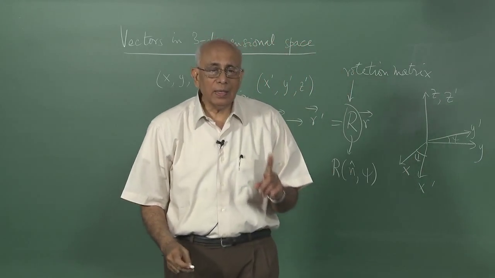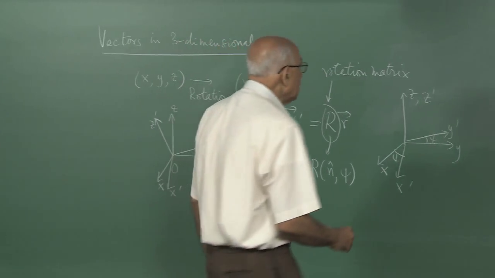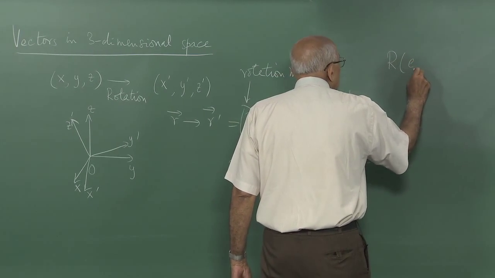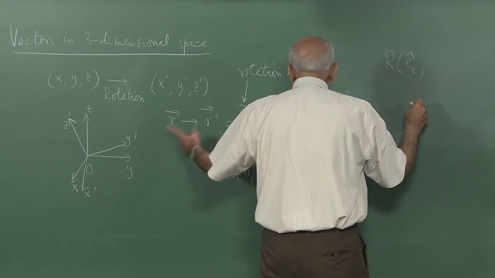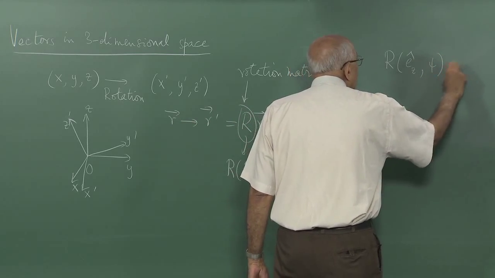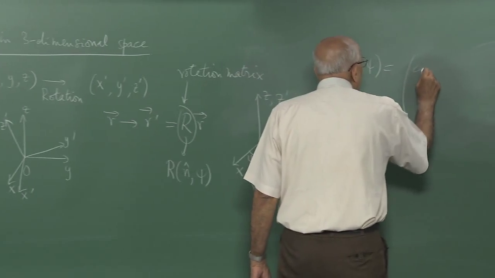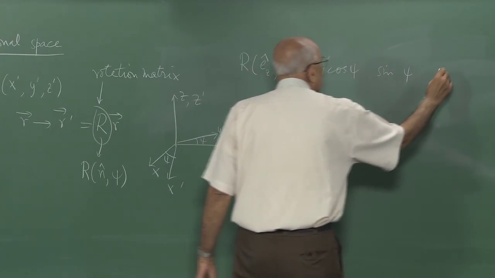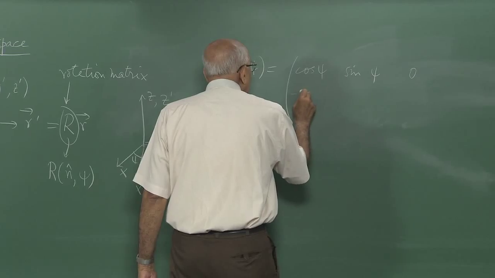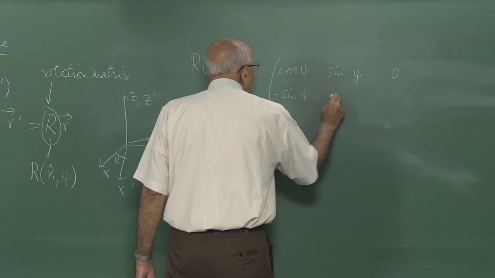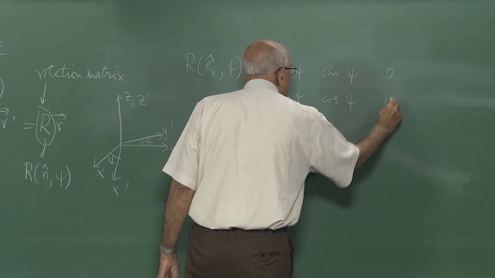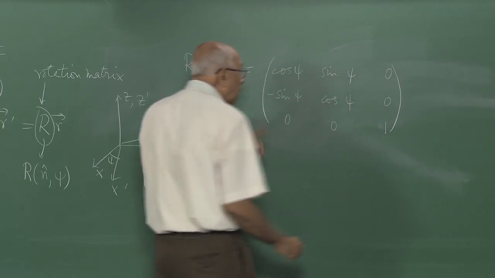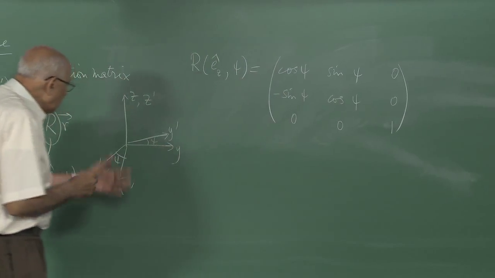And that is a particularly simple case of a rotation, and we can write the matrix down in that case, because then the unit vector is the z direction, e_z, and the angle is psi, and this will of course be cos psi, sin psi and 0 here, minus sin psi, cos psi and 0 here, 0, 0 and 1 here.